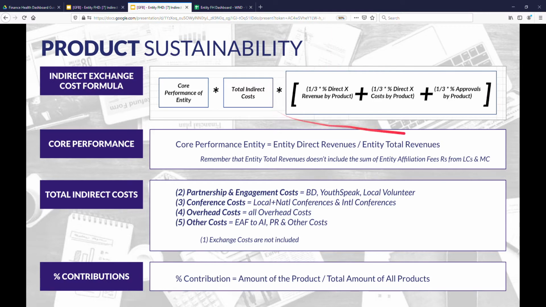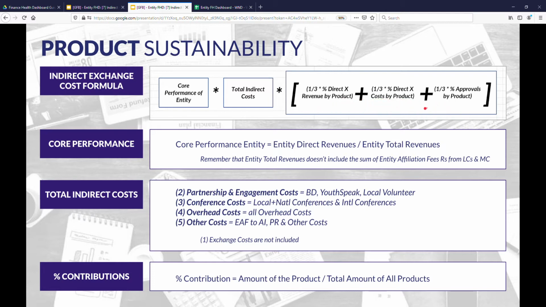Now, why this percentage contribution? As you can see, the formula is here, which is the amount of the product divided by the total amount of all products. So why are direct exchange revenue, direct exchange costs, and approvals here?